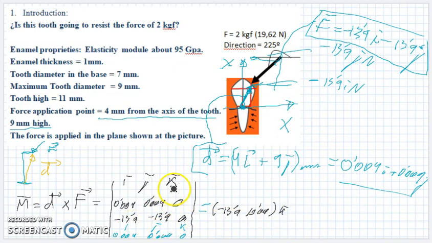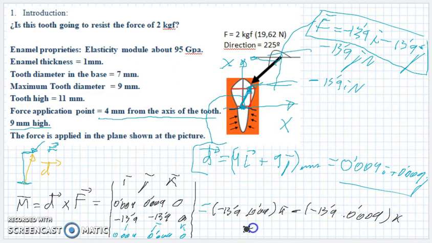and we have to remove this line, because this is 0 and this is 0. Okay, so which is minus 13.9 by 0.009.